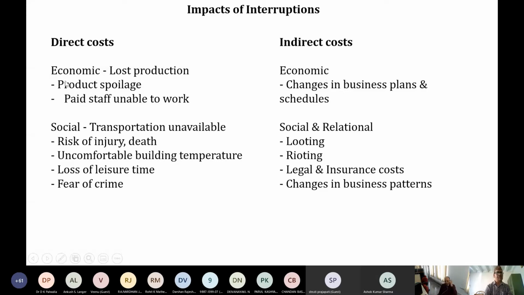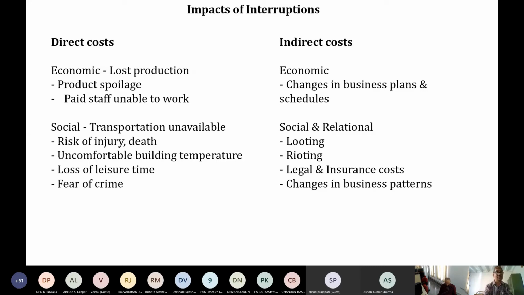Product spoilage may also be a direct cost to the residential customer. We have a refrigerator at our households, and we store food products in the refrigerator. If there is a prolonged outage of electricity supply, then the products in the refrigerator can be spoiled.